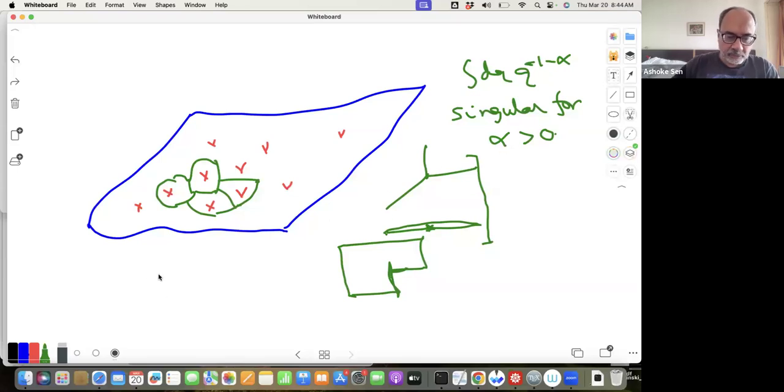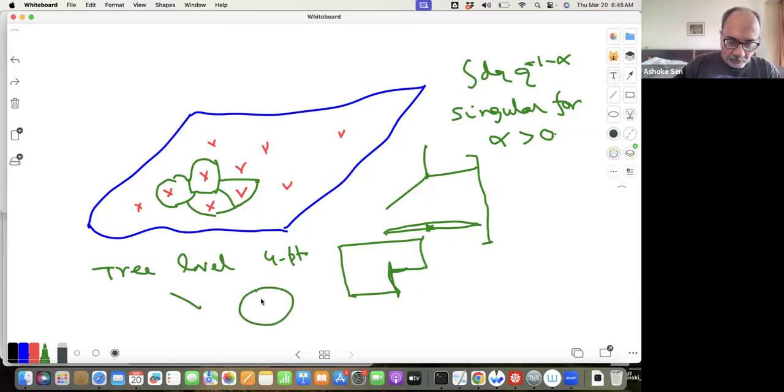For example, take a tree level 4-point amplitude. If two of the points come close together, the momentum that is flowing through is K1 plus K2. This gives a contribution to L0, which is alpha prime over 4 times (K1 plus K2) squared.